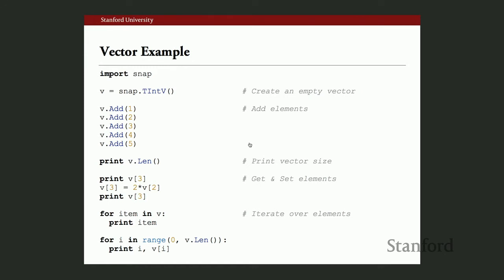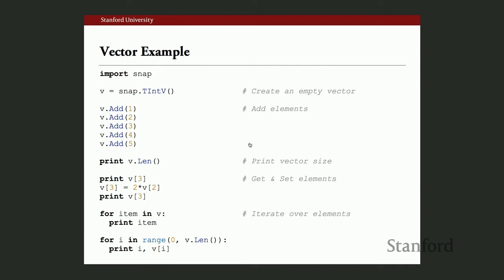Just one thing to call out, even though it is a vector of ints, you don't actually have to convert 4 to a TInt before you add it to the vector. You can just add the int 4. Any questions on the vectors?